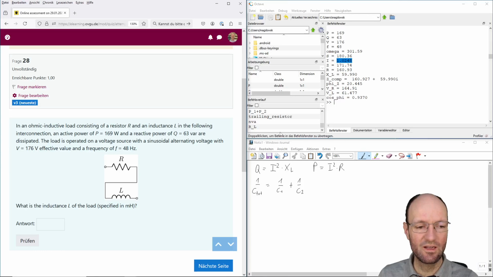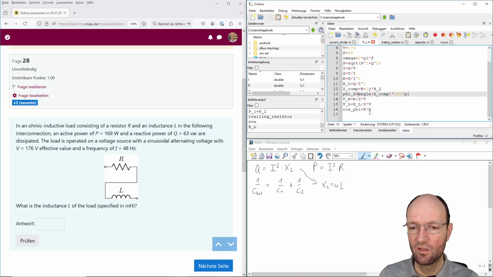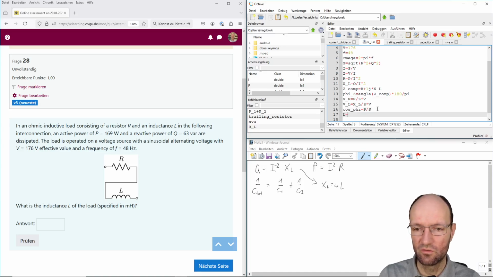What is the inductance of the load? So this XL that we used here is omega times L, angular frequency times the inductance. So we can calculate the inductance by using this reactance and dividing by omega.